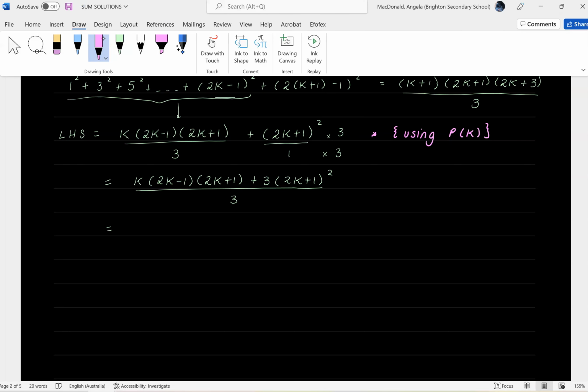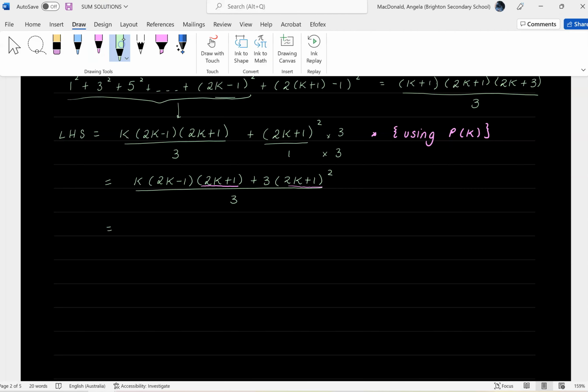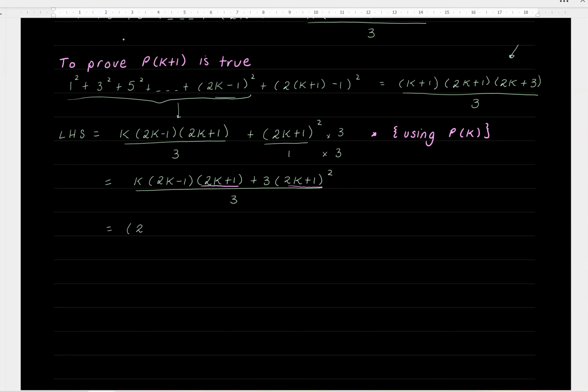And we can see right here, we've got a common factor of 2K plus 1 and another common factor here of 2K plus 1. So let's pull that out. If I pull out 2K plus 1 from the top, I'm going to put bigger brackets here just so you can see what I'm doing. So I'm pulling this factor out, so I'm now left with K, 2K take 1, and from this term here, I'm pulling out 2K plus 1, so that squared has now gone.